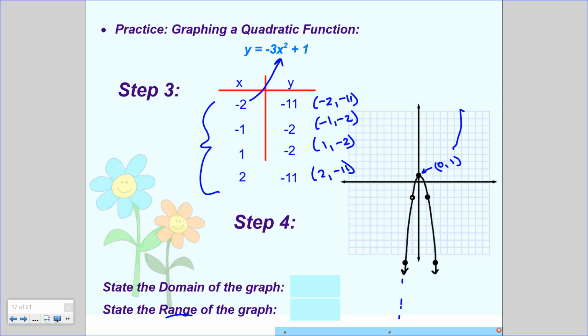So all of our x values are falling on this parabola, and I can do this all day. So our domain is, again, negative infinity to infinity, and our range goes from a y value of 1, and this goes down. You can see none of these positive y values are being hit by this parabola.